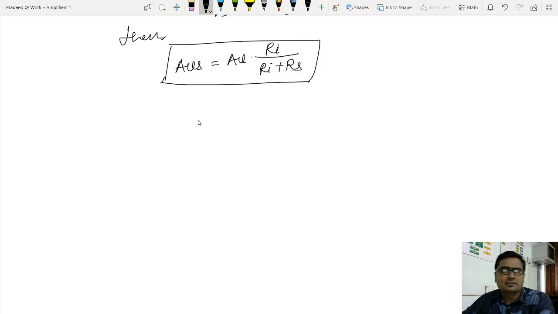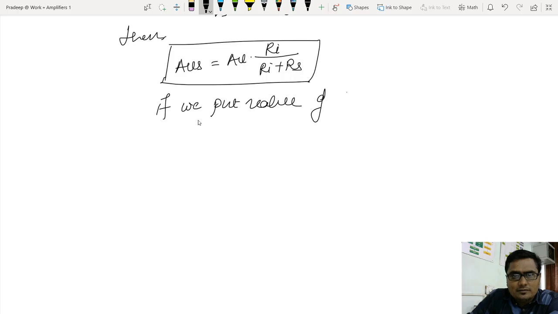I don't want AVS in the form of AV. Then what I will do is put the value of AV. What is the value of AV? AV is equal to AI RL divided by Ri, is it not?